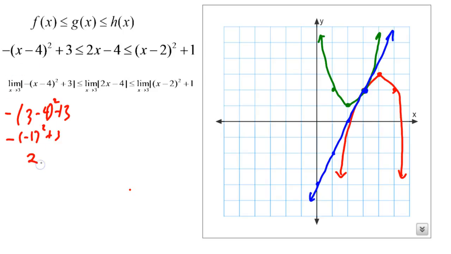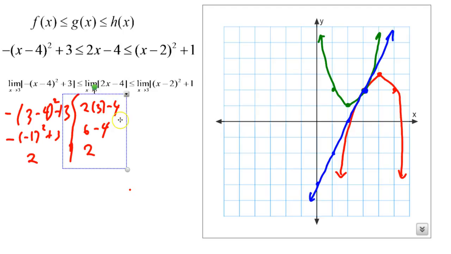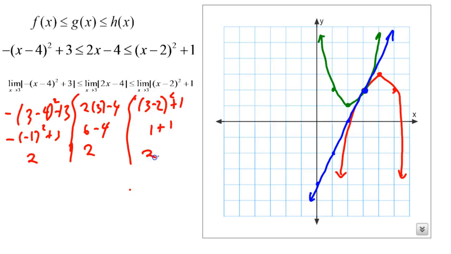So I get 2. Again, on the next one, plugging in a 3, I would get 2 times 3 minus 4, which is 6 minus 4, which is 2 again. And again, plugging in 3 for the last function, I get 3 minus 2 squared plus 1 is 1 plus 1 is 2. As you can see, as x approaches 3 for all three functions, I get a value of 2 for my y values. And as you can see, the squeeze theorem works.